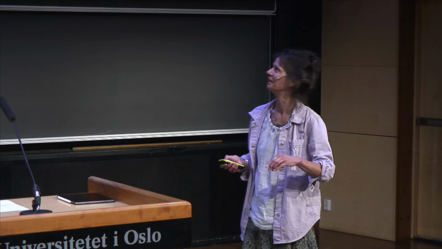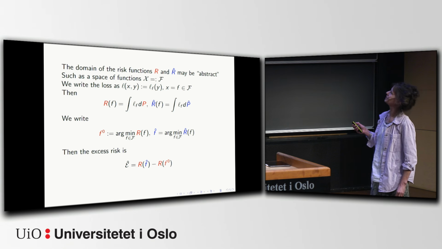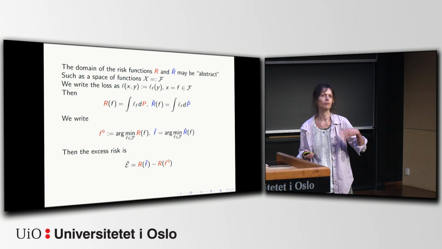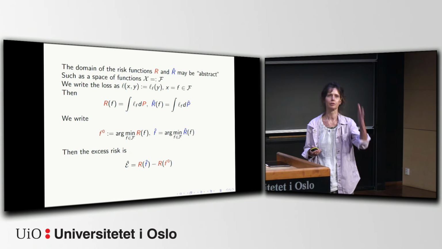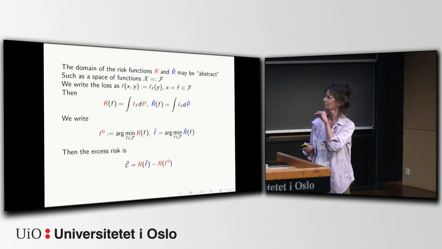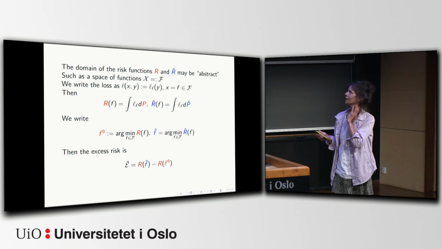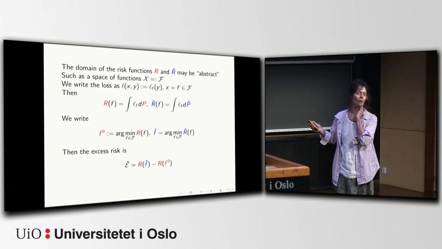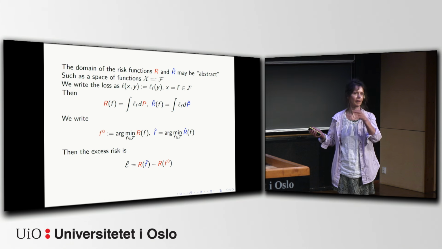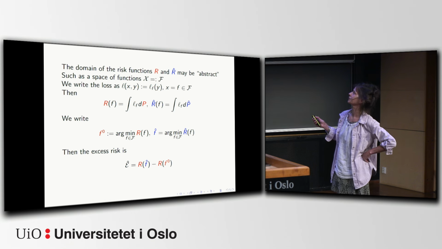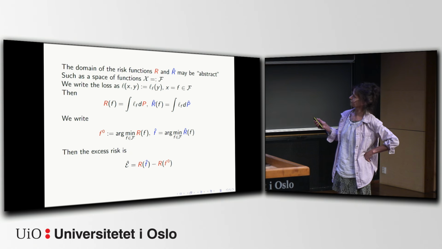So instead of X, to remember that it's something abstract, I call it F. F is maybe a function, maybe a vector or an infinite dimensional vector, and then I call it a function, just to say that it's something more abstract than just a real number. So what Michel called T before is now, in my case, F, a function in the space of functions, which is script F. So the risk is a function on the space of functions.